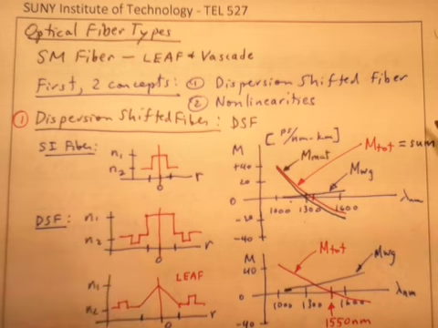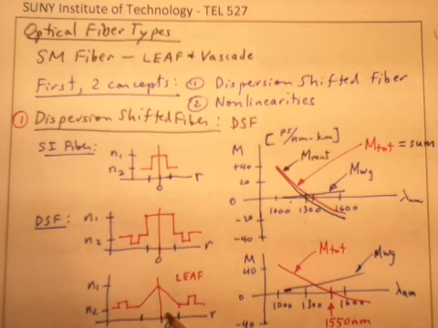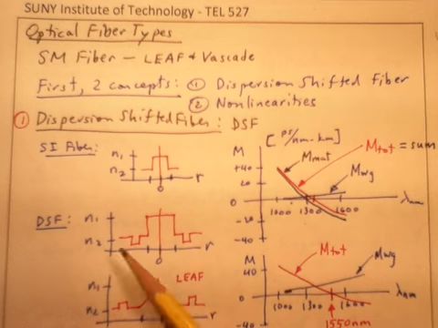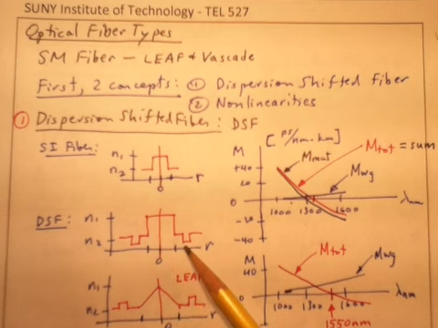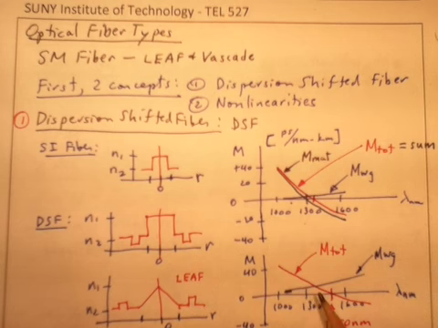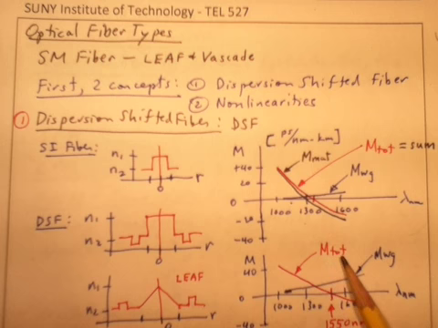The neat thing is that if you engineer this index profile, and here I've shown just a couple of examples, and play some games just outside of what would be the normal core, you can cause the waveguide dispersion to go up dramatically. And if the waveguide dispersion goes up dramatically, it's possible to move the zero dispersion point for the fiber, that is M total, all the way out to 1550 nanometers.